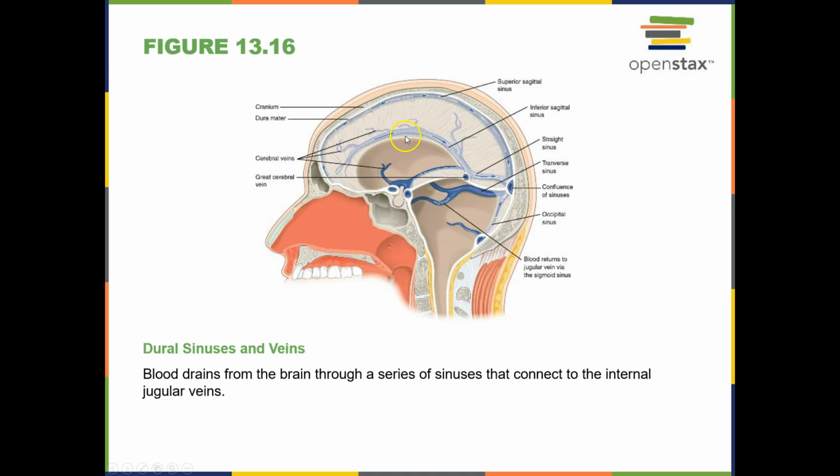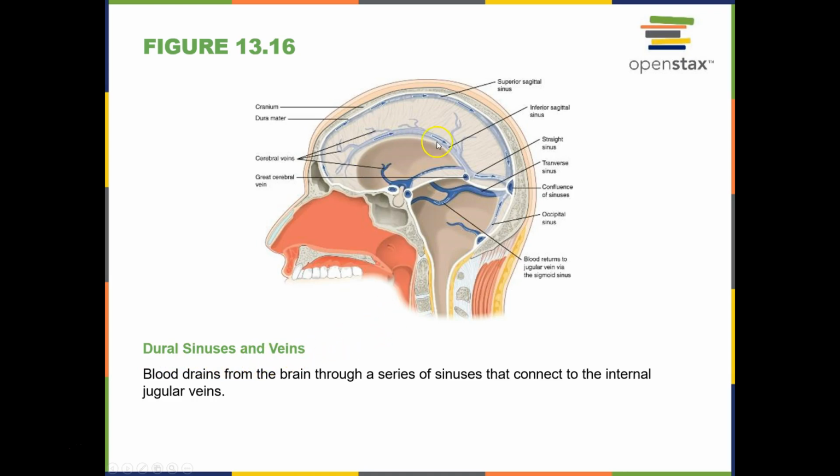That blood has to drain, so once we give the good nutrients and we take away the waste products, that blood drains through multiple sinuses. So you have a superior, inferior sinus, a straight sinus, transverse sinus. All of these sinuses together make up what we call the dural venous sinuses.